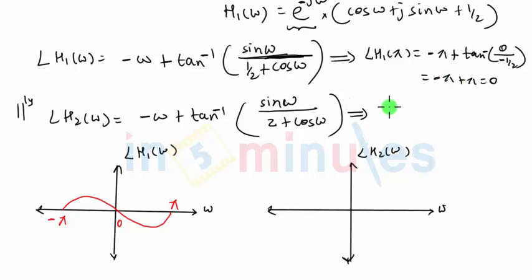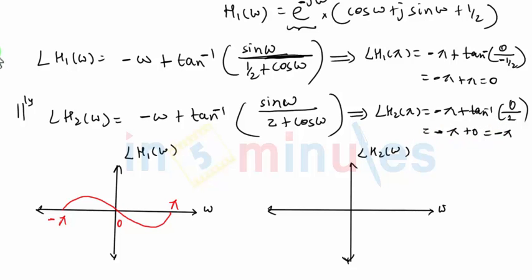For the second system, the angle at pi will be minus pi because omega is pi, plus tan inverse of sine pi, which will obviously be 0 once again. And this time cos pi is minus 1, 2 minus 1 will give me plus 1. So the real part is positive this time. A positive real part simply means that the number is on the positive real axis, for which the corresponding angle will be 0, and hence the corresponding phase will be minus pi.